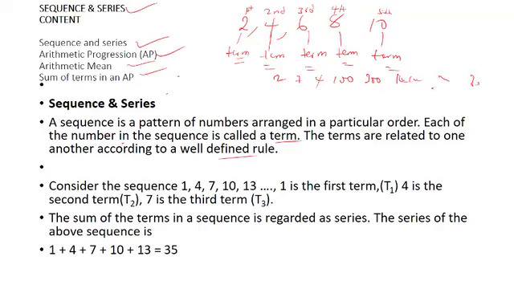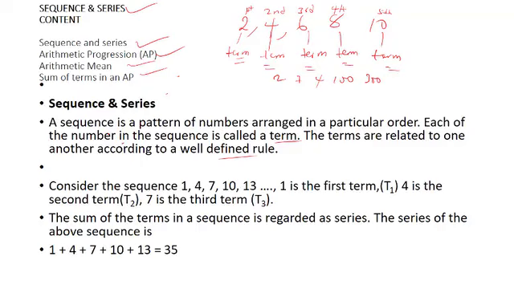There should be a well-defined rule governing a sequence. When writing a sequence, it should be an orderly arrangement of numbers where one can define either the difference or the ratio between a term and the previous term.